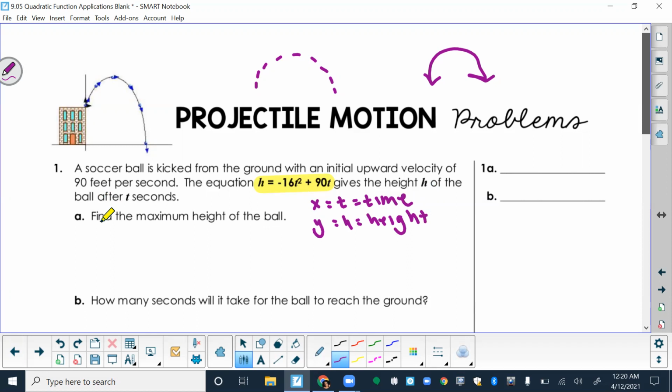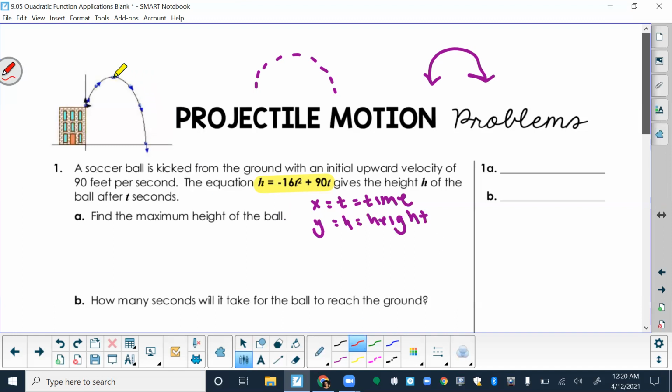Now, first it's asking, find the maximum height of the ball. So I want to know the h value or the y value when the ball has reached its maximum height. Think about where you might have heard that before, like the maximum point on a graph.